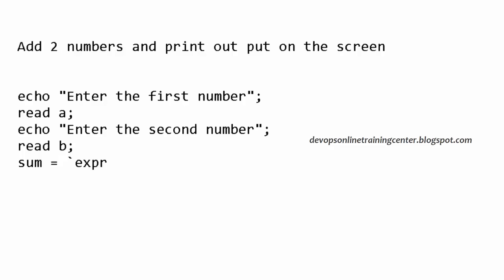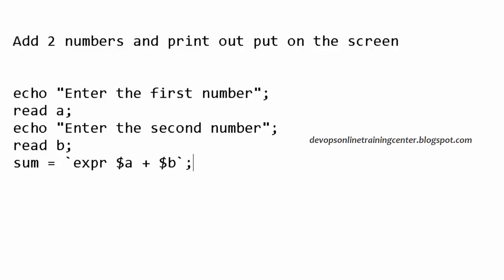Then we need to give the numbers. In shell scripting the placeholder is a dollar. So $A; if you want to use a variable inside a shell script, or print it, we need to use a dollar. expr $A plus $B, and we close this. Okay.